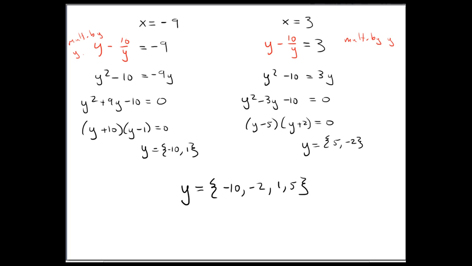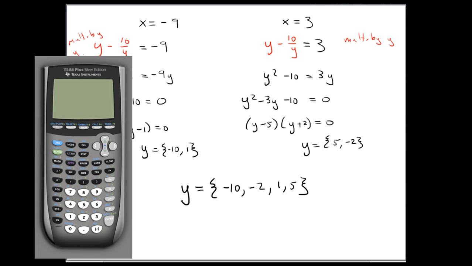I think we may as well go ahead and check these answers. Let's pull up our calculator, and we're going to try something a little clever here. I'm going to take negative 10 and store it as my variable.